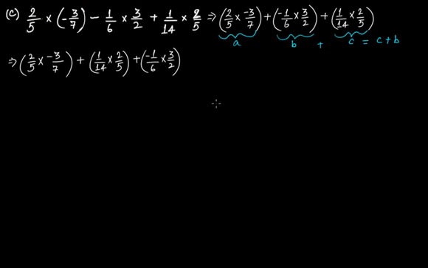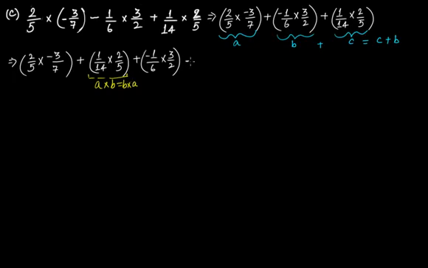Now look at this one. I'm going to apply commutative property of multiplication of rational numbers. That means if that is A times B, think that this is A, this is B. So A times B is actually B times A. That is commutative property of multiplication of rational numbers.